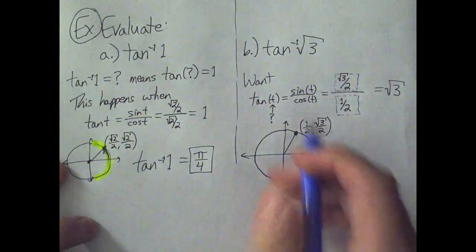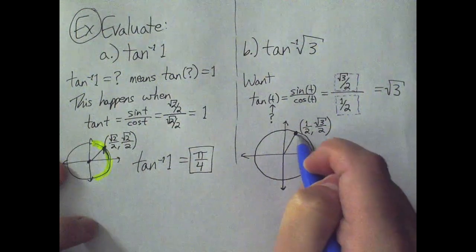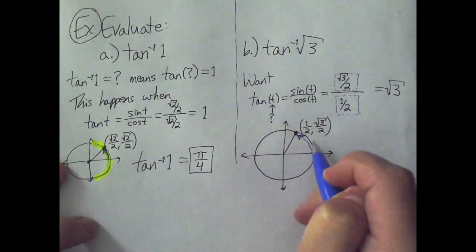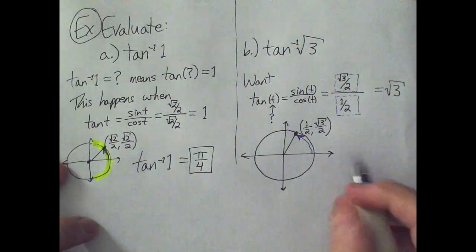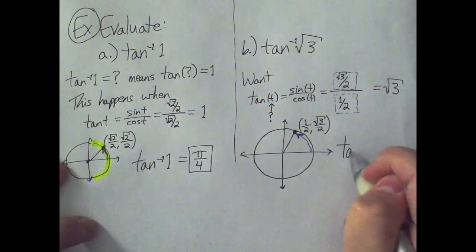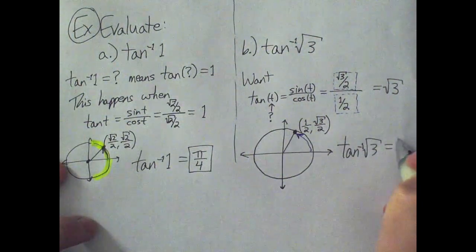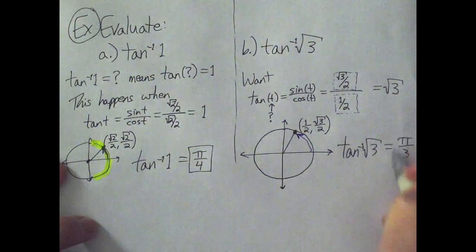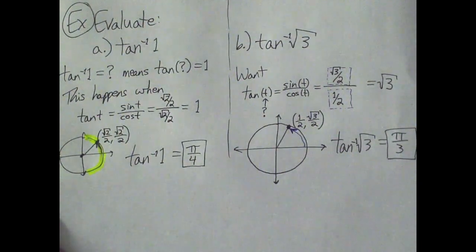But we want to know what t value is this? Like, how far around the unit circle have we gone? That is one of the common ones that we know. And I'm going to say that inverse tangent square root of 3 equals pi over 3. And I do a quick check and make sure it's in the correct interval, and it is. It's on the correct part of the unit circle.